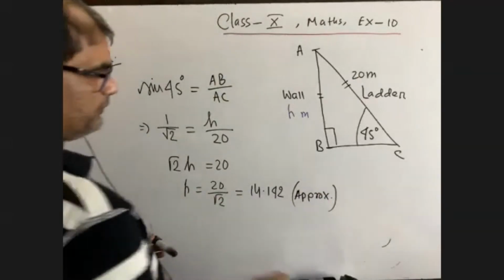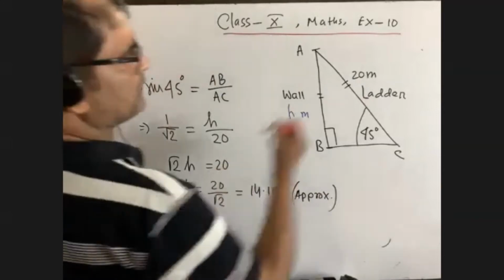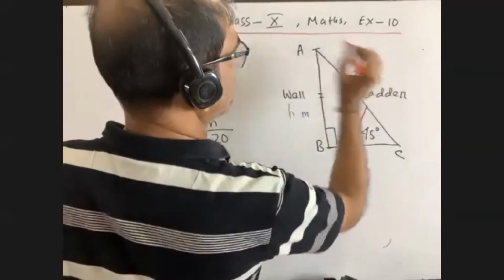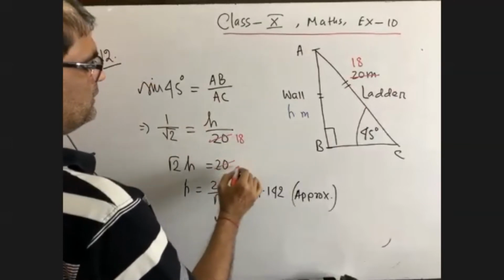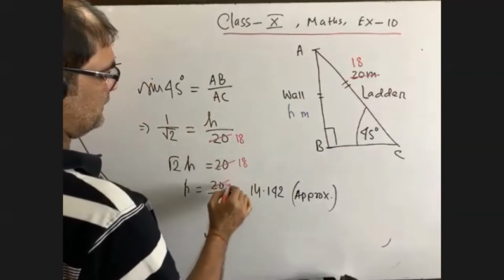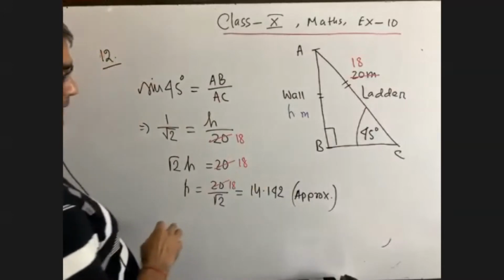Now, suppose it is given 18 meter. Then what will you do? Write down 18 meter. Now let me know the answer. 18 by root over 2.